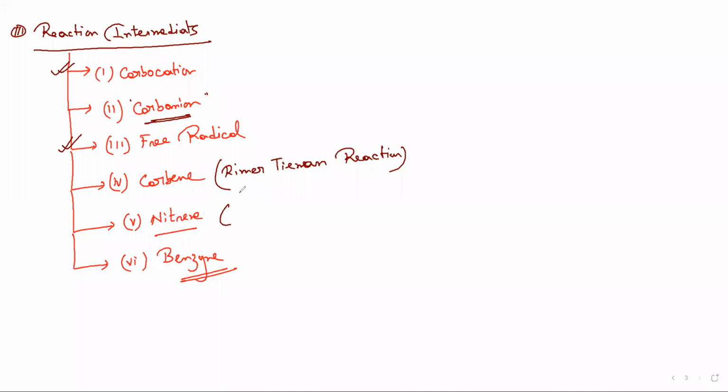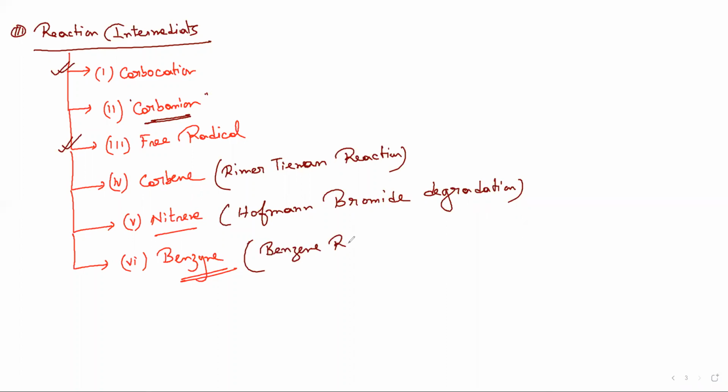Now for named reaction mechanisms, one of the very important ones is Hoffmann bromamide degradation. This is in the nitrogen containing compounds chapter. And for benzene, the benzene mechanism is basically a benzene ring associated with an extra ionic bond.